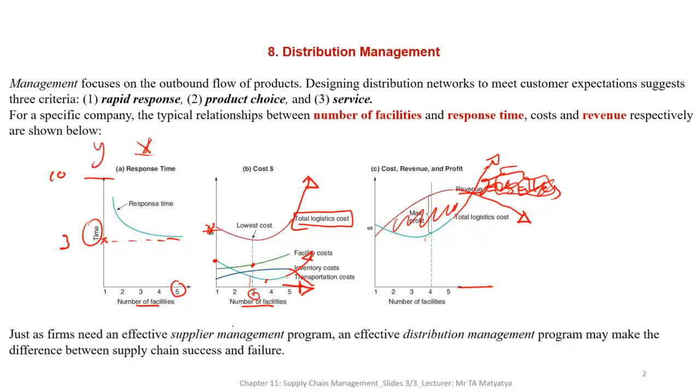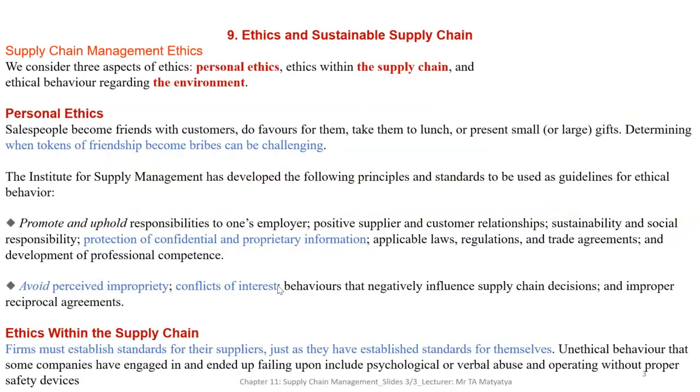Firms need effective supplier management programs, and an effective distribution management program may make the difference between supply chain success and failure. Supply chain ethics, guys. It's very important to understand ethics.